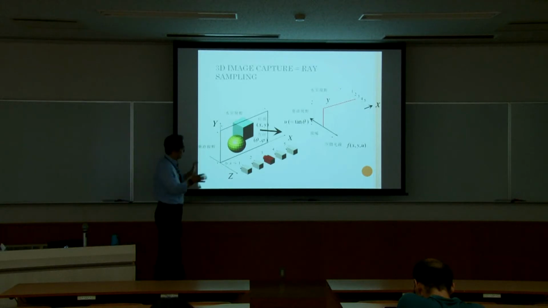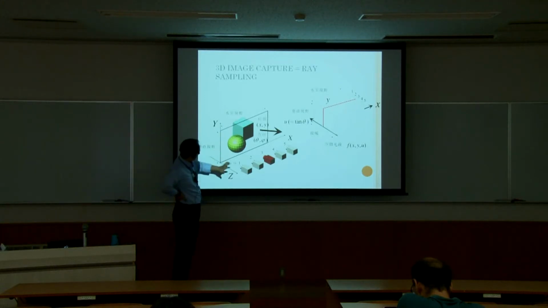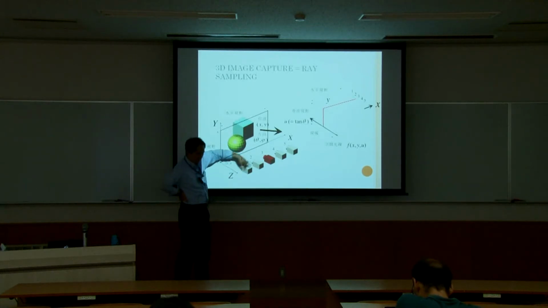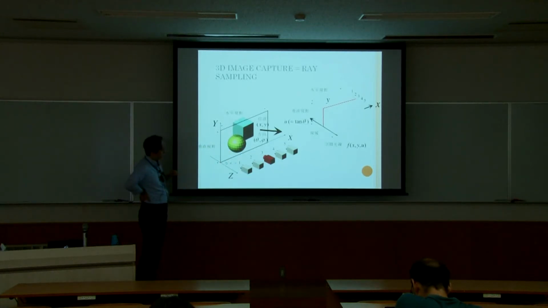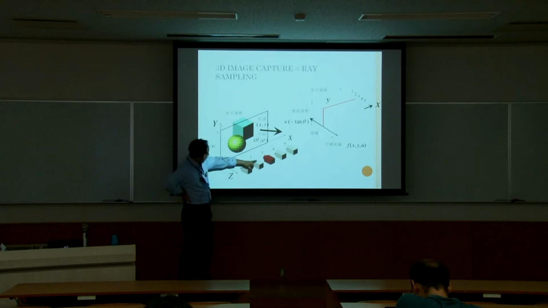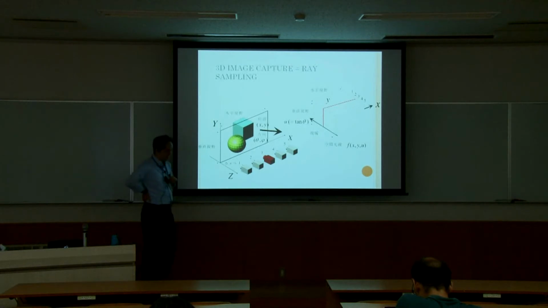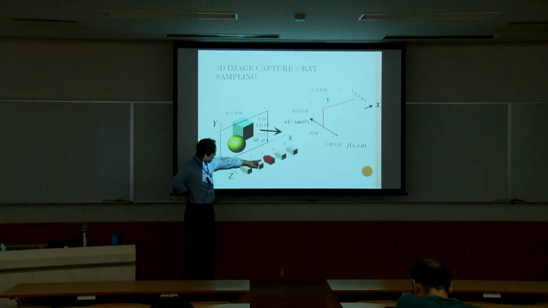So, let's consider that we capture this 3D scene using 5 cameras, for example. Okay. So, let's focus on this number 3, camera number 3. So camera number 3 captures these scenes, but what information does this camera capture?